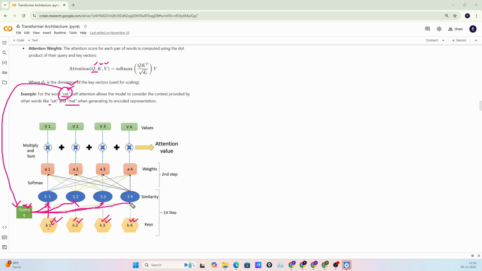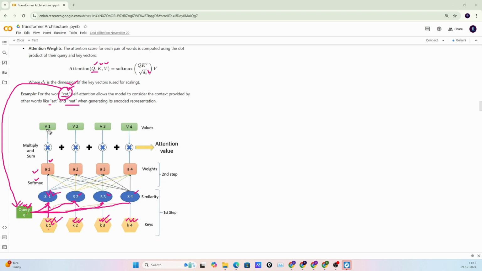This way we perform the dot product between the query vector and all the key vectors, as you can see here. This is the value of the dot product, the similarity score. The score would be high if our words are relevant, and low if they are not relevant. Then we perform the softmax function and also divide by the square root of the dimension.